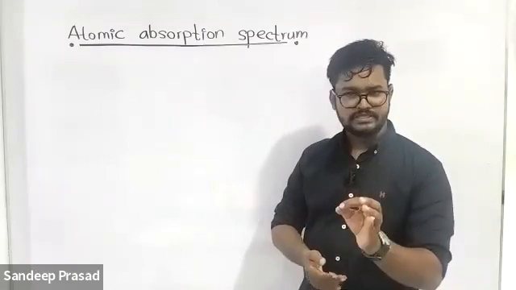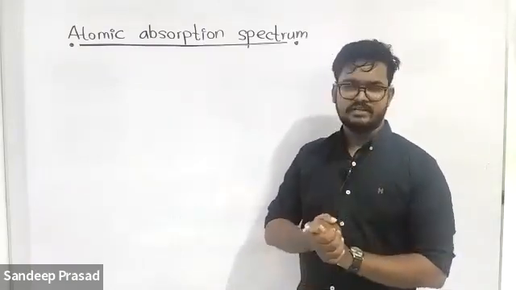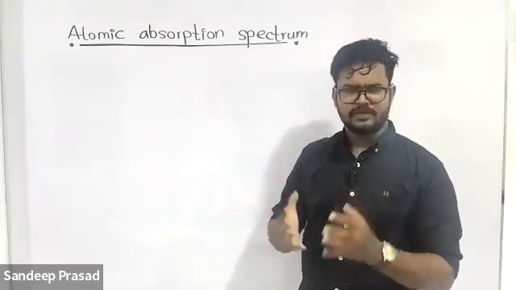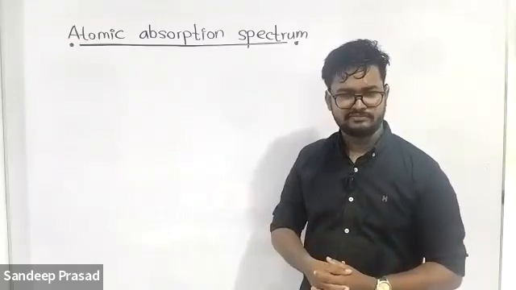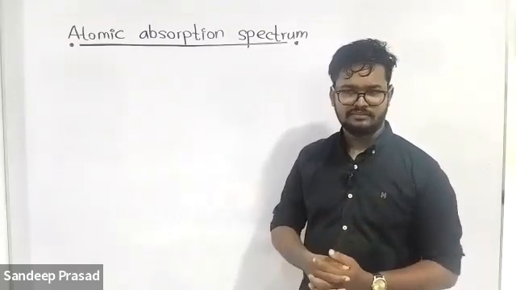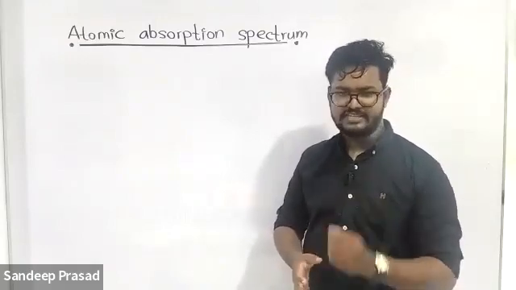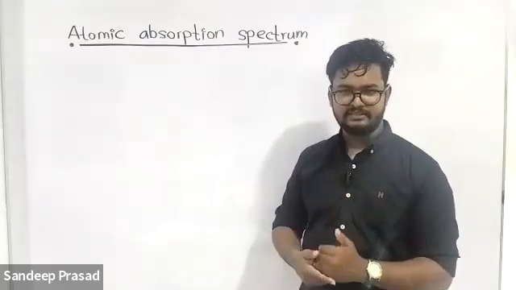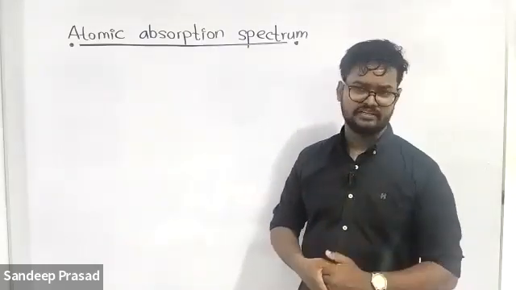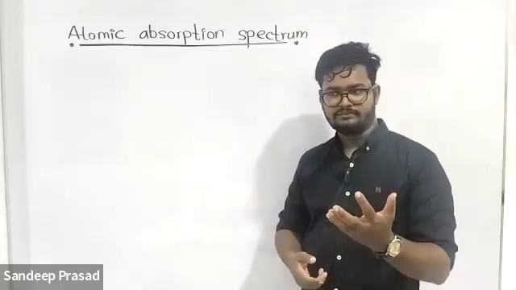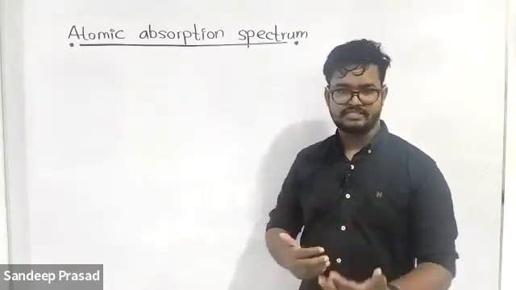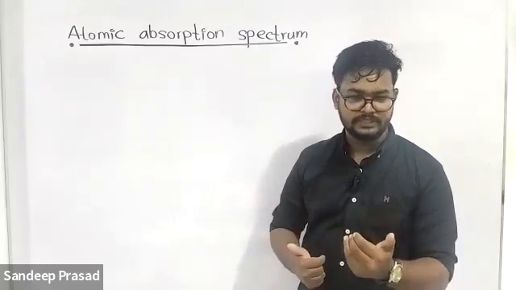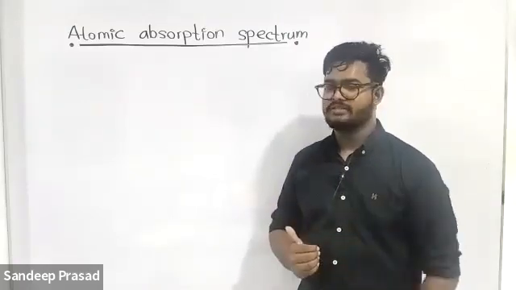Most students and some teachers think that emission spectrum and absorption spectrum are very difficult, but I don't think so. This is really easy. The reason they say it is difficult is that some students can't understand properly, and some teachers cannot explain it properly until the students understand.